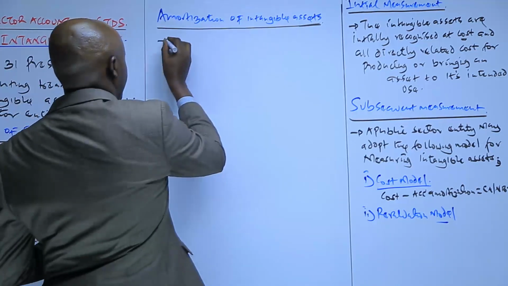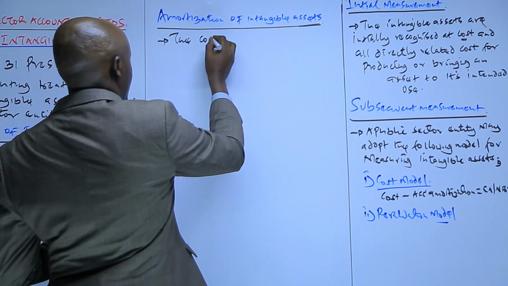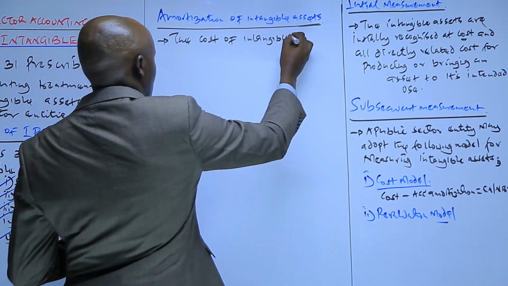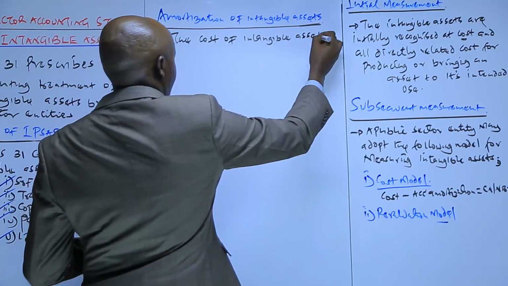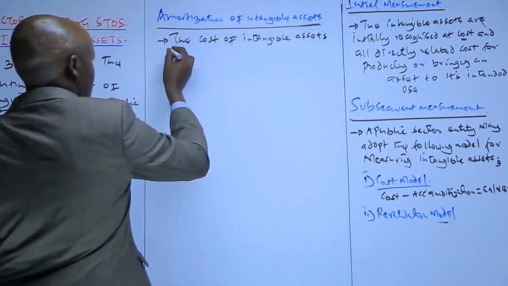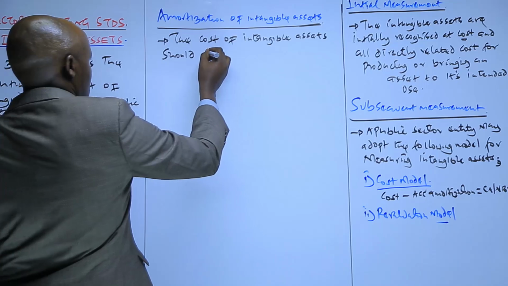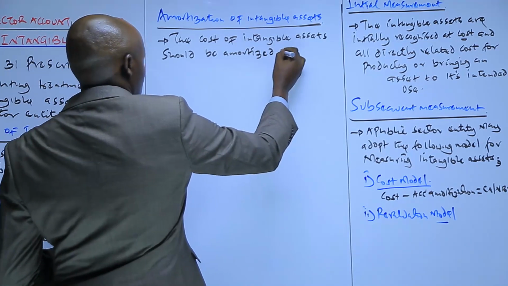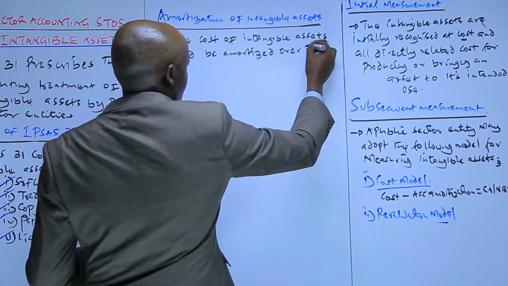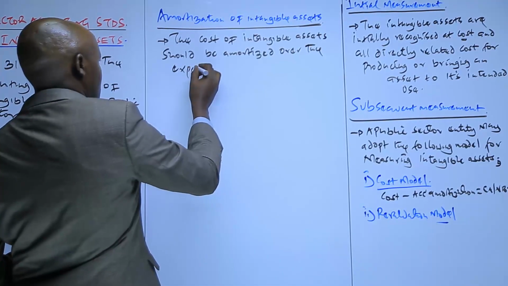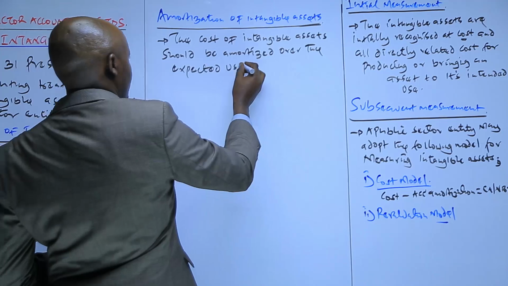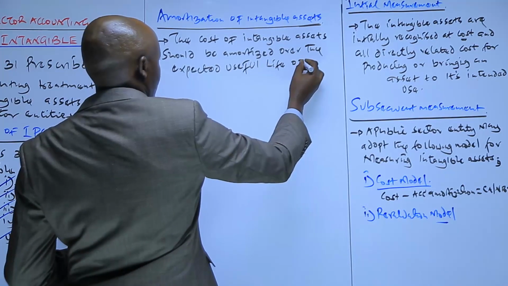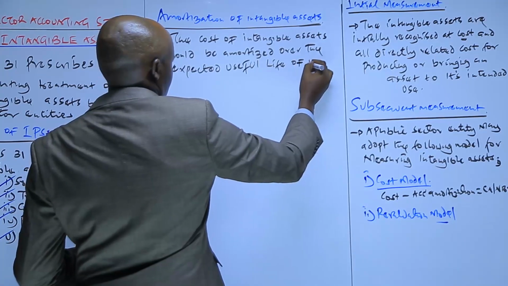So therefore, you can say the cost of intangible asset should be amortized over the expected useful life of intangible asset.